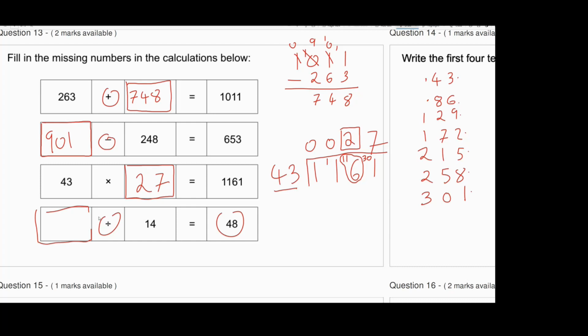Have a think about what the opposite or the inverse of divide is. Times, brilliant. Okay, so we need to do 48 times 14.